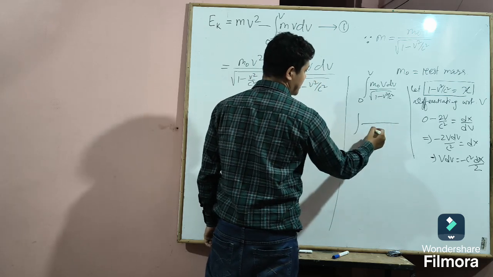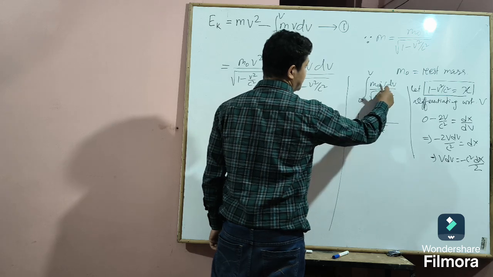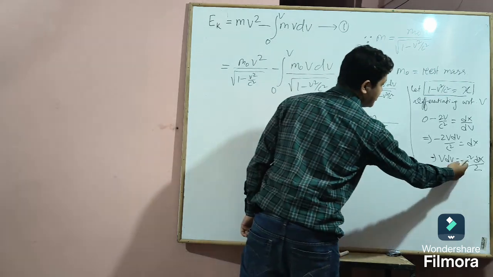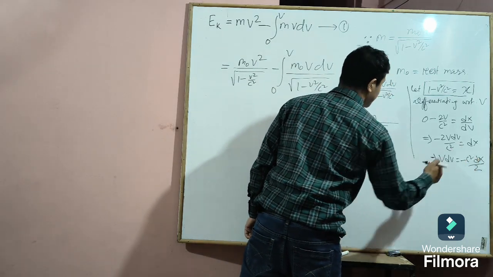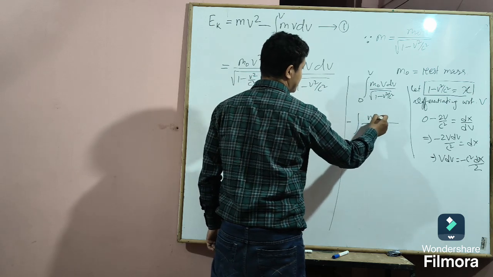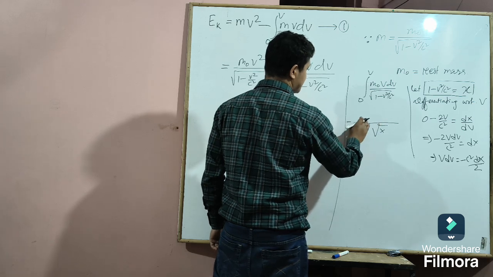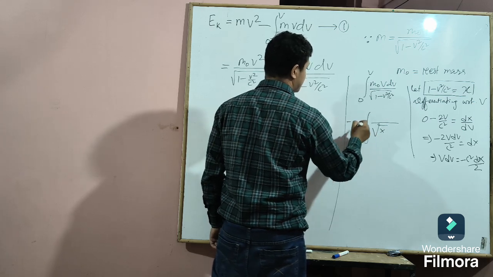Now we have considered this part is x, root over x, and instead of v dv we're going to write minus c square by 2 into dx, and the constant part, let me write that one outside. This is m naught. So m naught can also be taken outside. Rest mass is constant, so it can be taken outside.